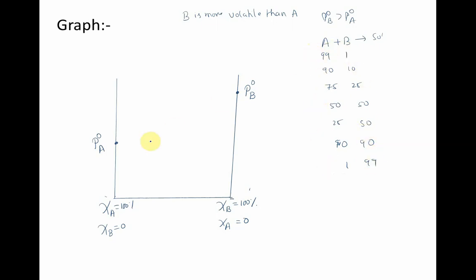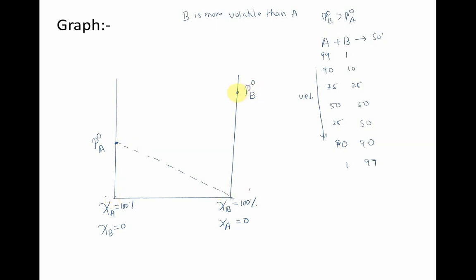As the component A decreases, the vapor pressure exerted by component A also decreases. From here to here, the vapor pressure decreases, which is represented like this. So this line indicates the decrease in the vapor pressure of pure component A, because as we move along this graph, the composition of component A goes on decreasing.